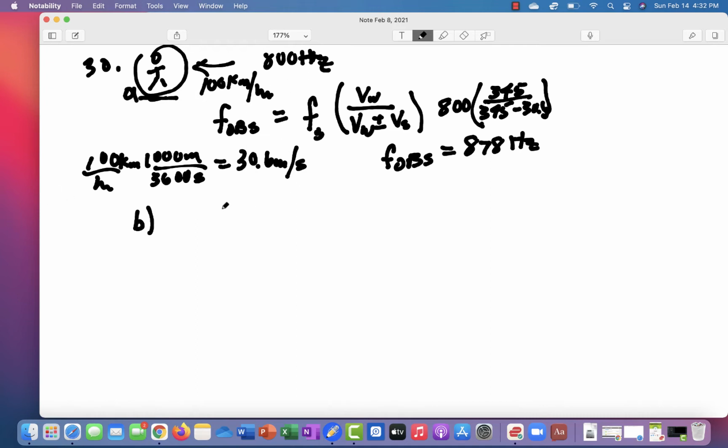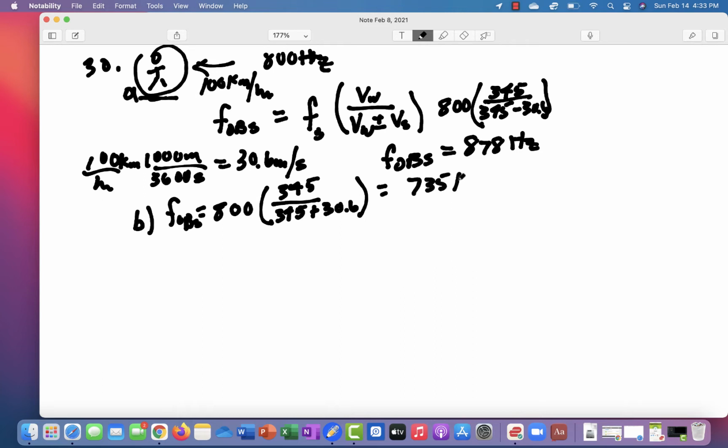The calculation is exactly the same, except because it's now moving away from the observer, instead of subtracting the speed, you add it, so that this denominator is bigger and makes this number smaller. And therefore, you add 30.6 to that. You do that calculation, and you get 735 hertz.